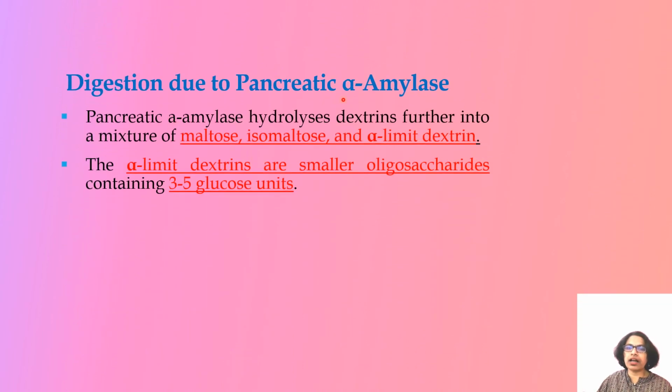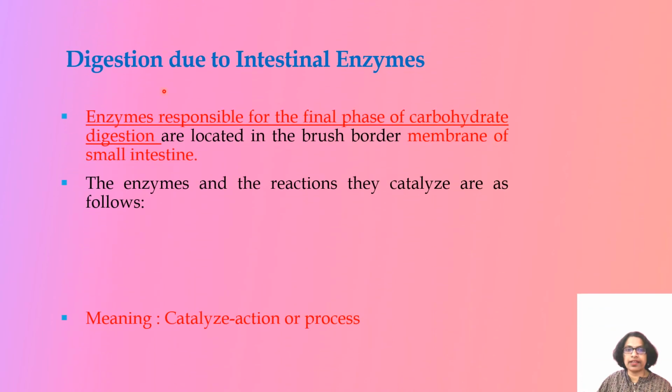Digestion due to pancreatic alpha amylase. Pancreatic alpha amylase hydrolyzes dextrin further to a mixture of maltose, isomaltose and alpha limit dextrin. The alpha limit dextrins are smaller oligosaccharides containing 2 to 5 glucose units. Then digestion due to intestinal enzymes.